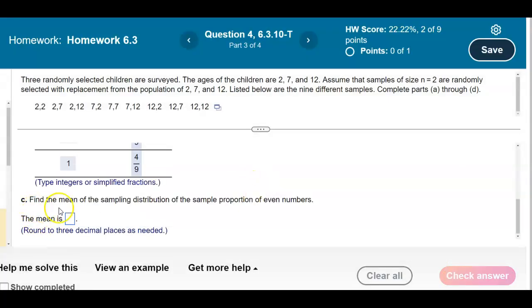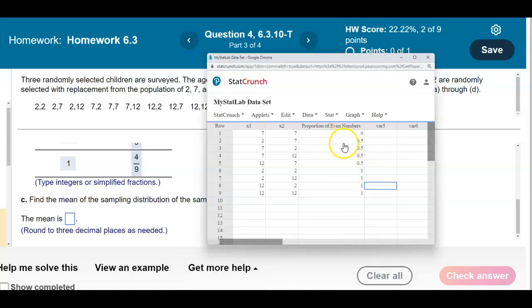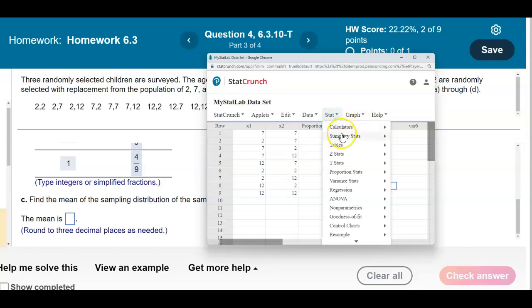Now it says to find the mean of the sampling distribution of the sample proportion of even numbers. So that means we're going to come over here to StatCrunch, and that column that we just created, we want to find the mean of that. So up here, we're going to go to Stat, select Summary Stat, and then go to Columns.